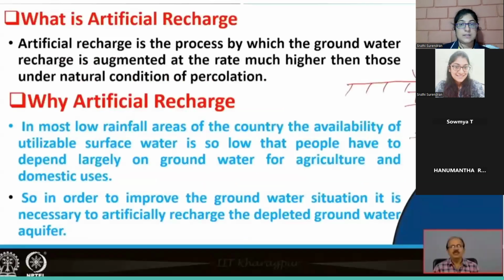So artificial recharge is basically when you recharge the groundwater, the addition of water or the replenishing of water is happening at a rate which is higher than the rate at which it will naturally occur.